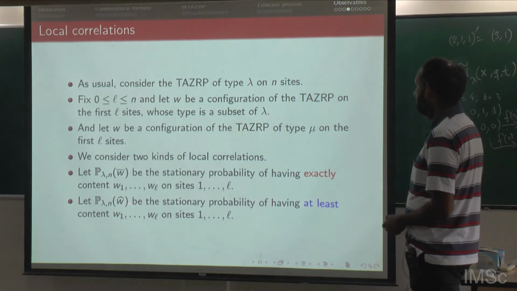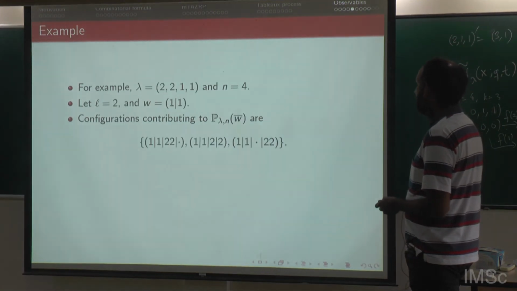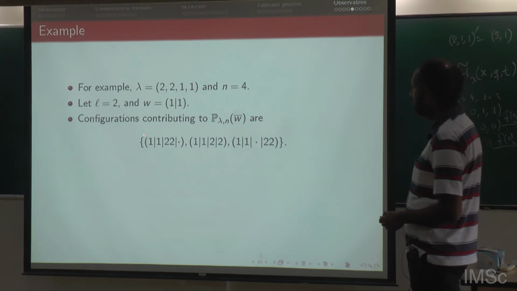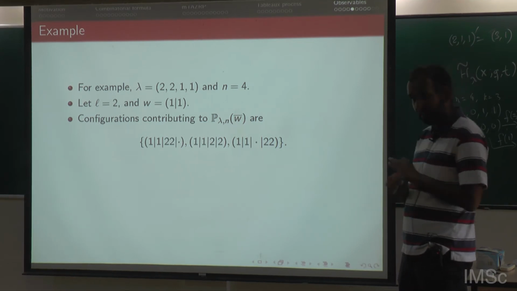And so for example, if lambda is 2, 2, 1, 1 and n is 4, you could say L is 2 and W is 1 stroke 1. That means configurations that contribute to this W bar probability are things where you have 1 stroke 1 in the first two sites and nothing else.